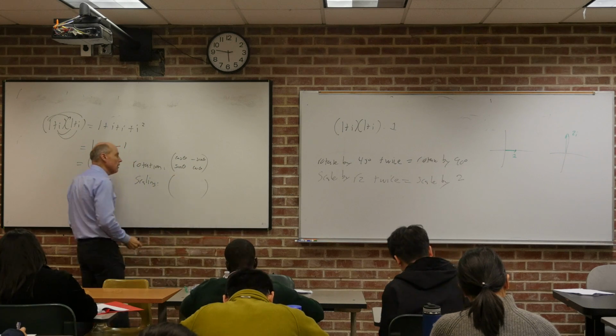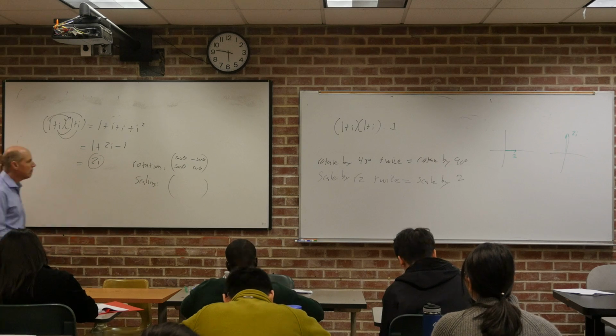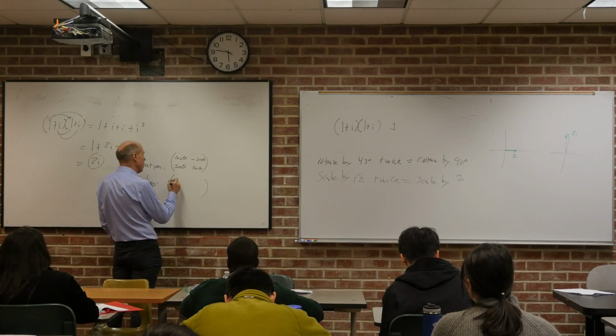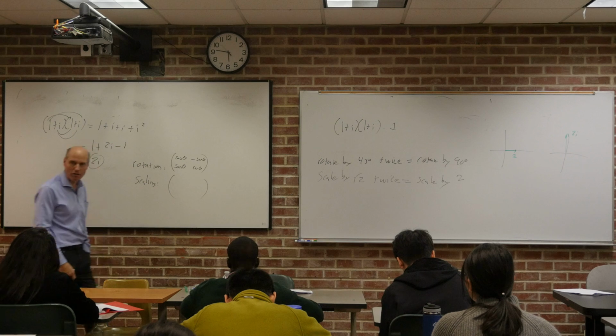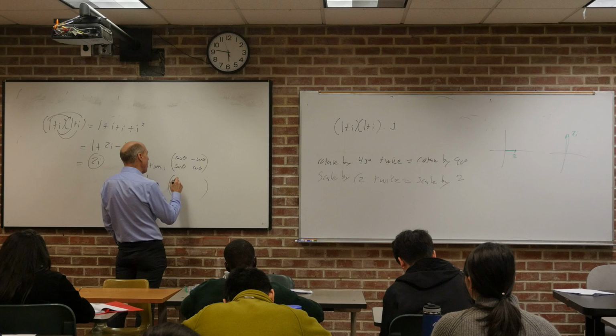In scaling, how do I factor C? Call it S. Now call it, yeah, those are the two worst letters. I'm going to say A. How do I scale by A?